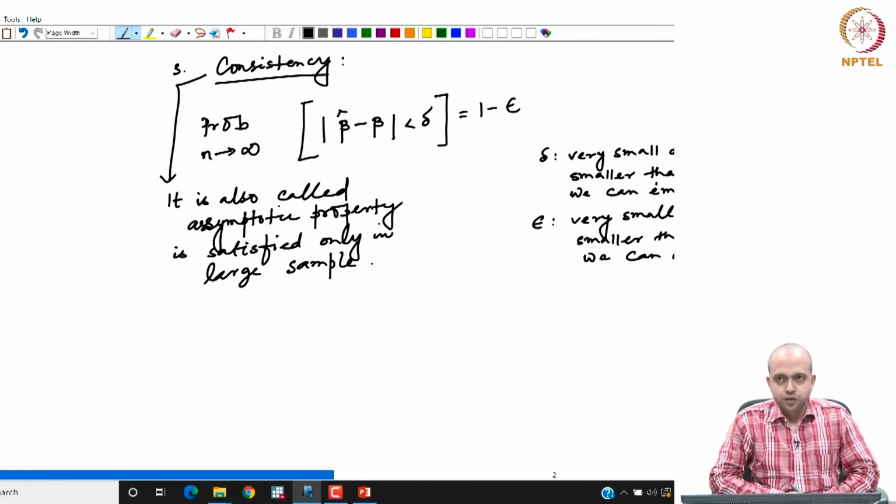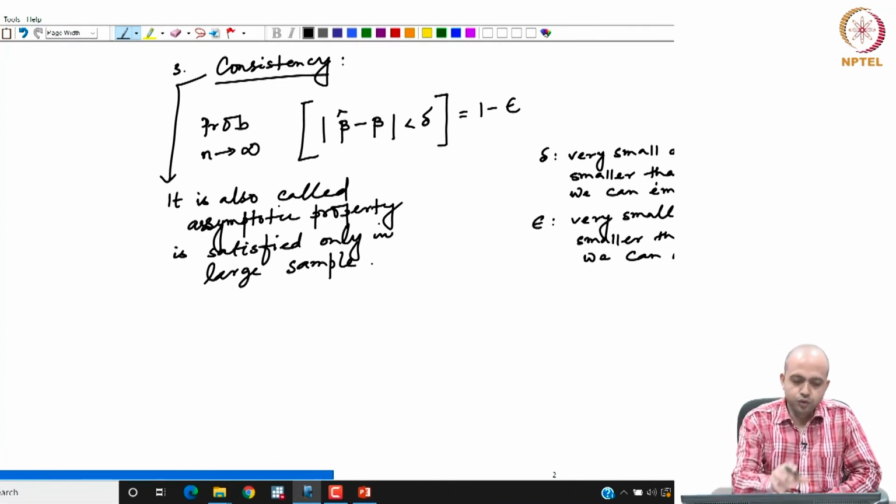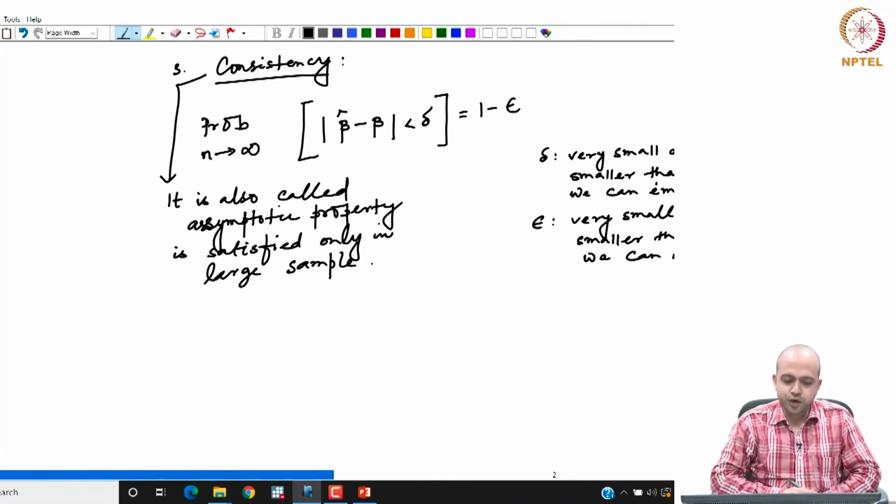Okay, so it is called the asymptotic property, which is satisfied only in a large sample.